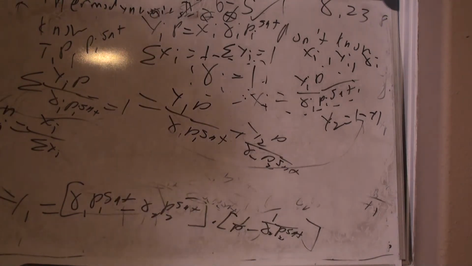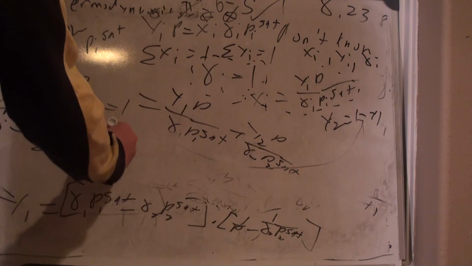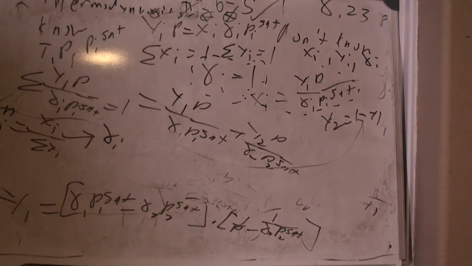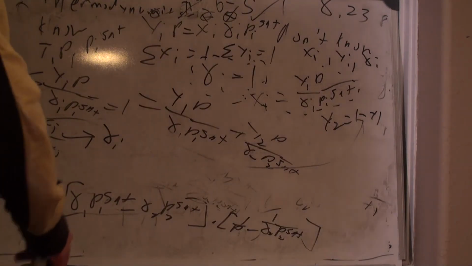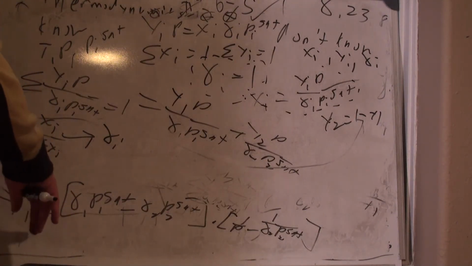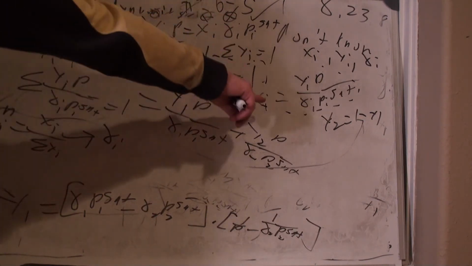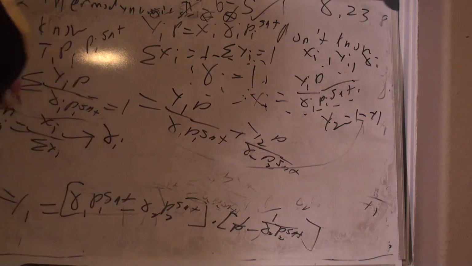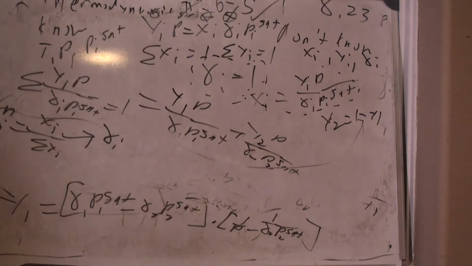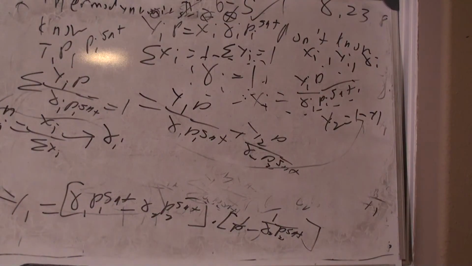And so I can use these to get gammas. Well, what did I get after gamma? I got y1. And after y1, I got y2. What did I get after getting y2? I got my xi's. What did I get after I got my xi's? I normalized. And I'm going to just keep doing this until I converge.